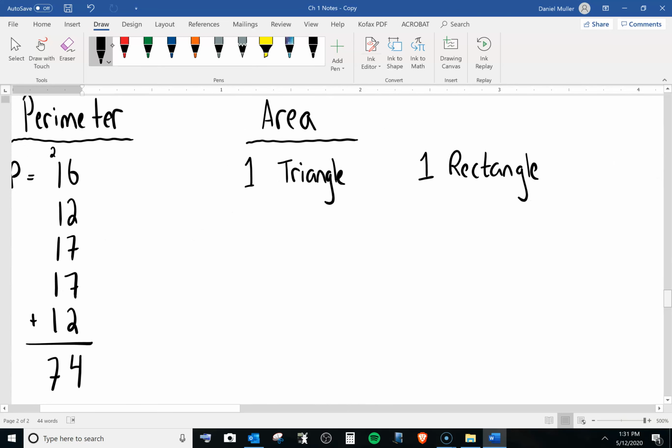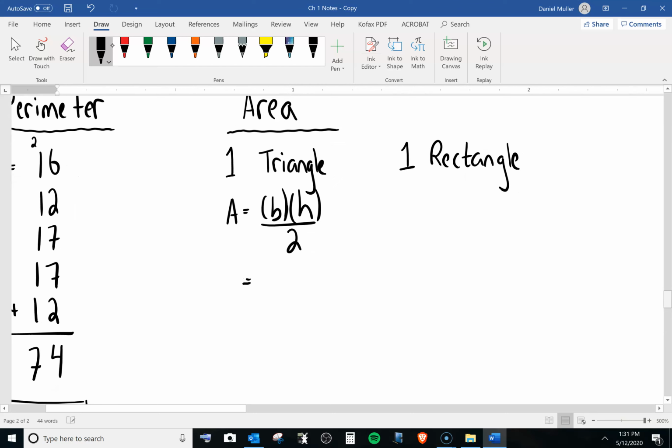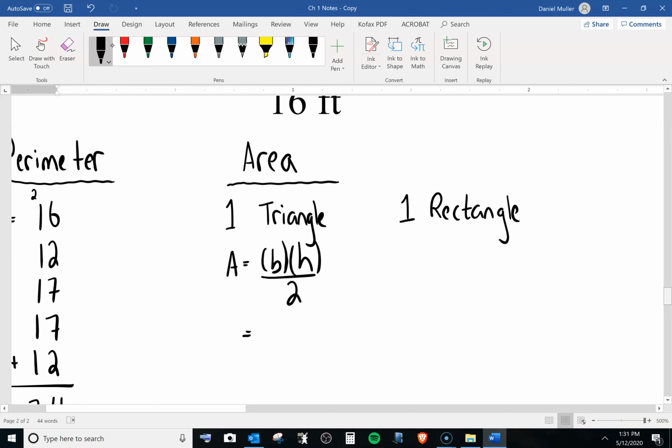So let's write that down. Area is base times the height divided by 2. And my base is 16, and the height is 15. And then cut that in half.